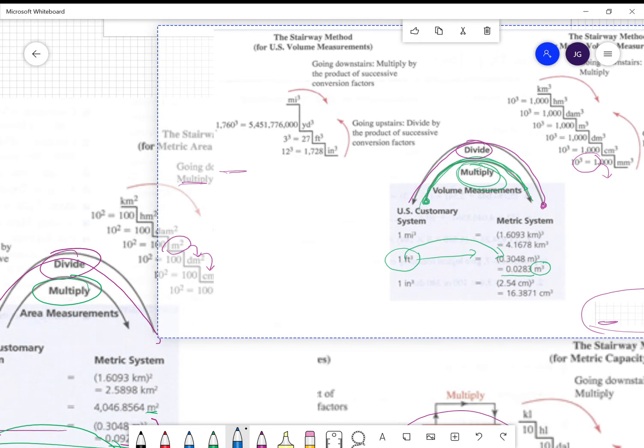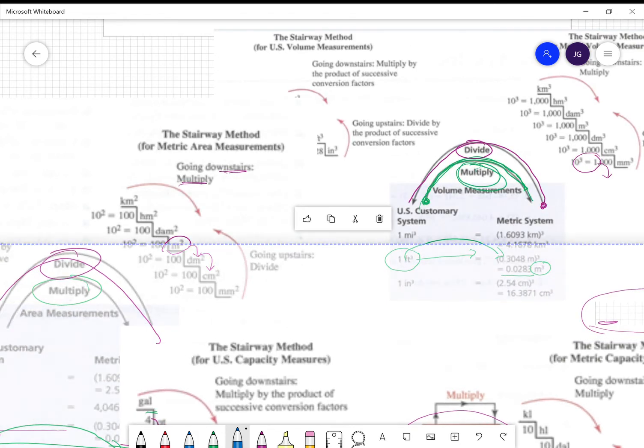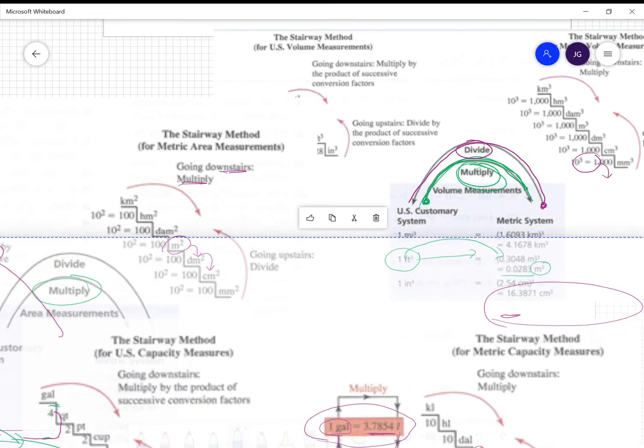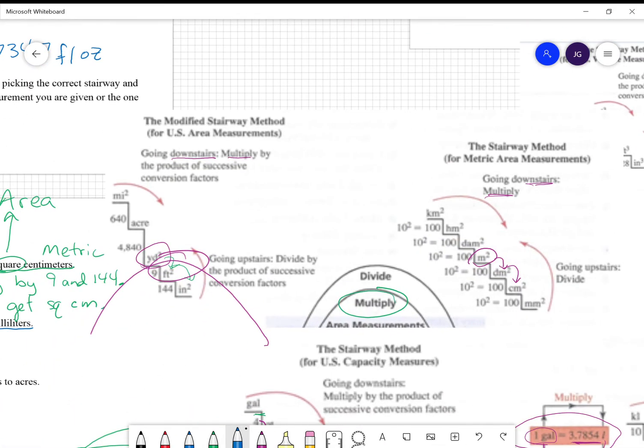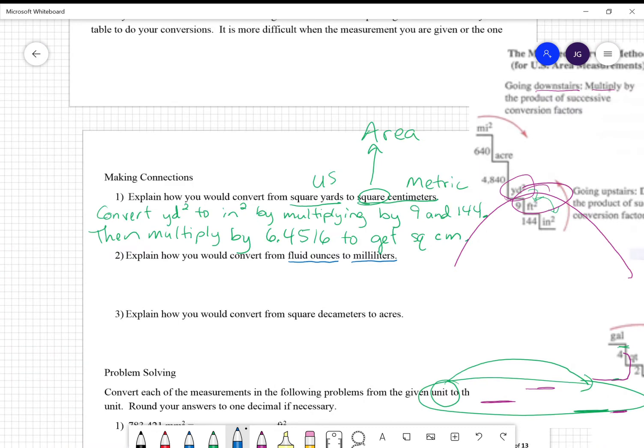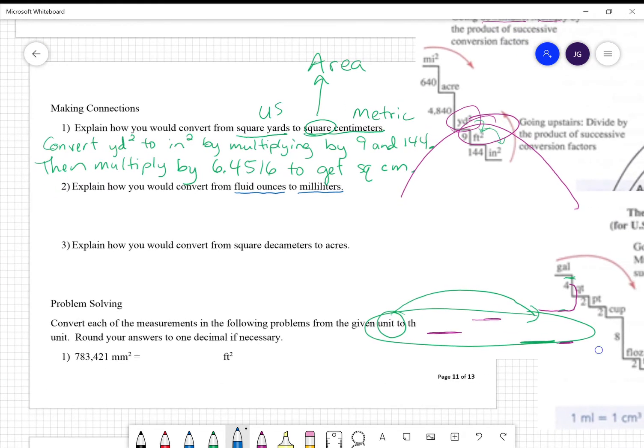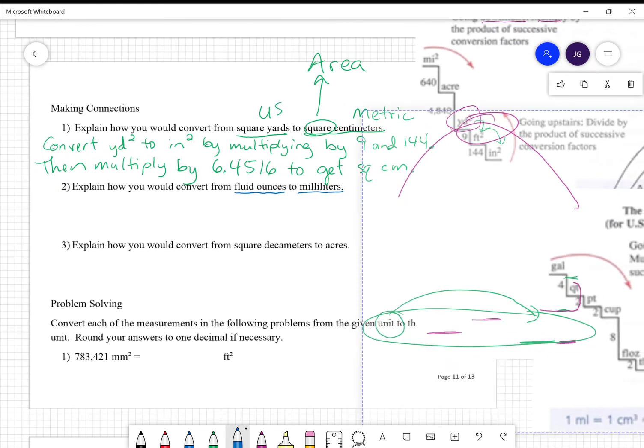No, I don't want the volume one. I don't have fluid ounces. I want the capacity one. Oops. There we go.